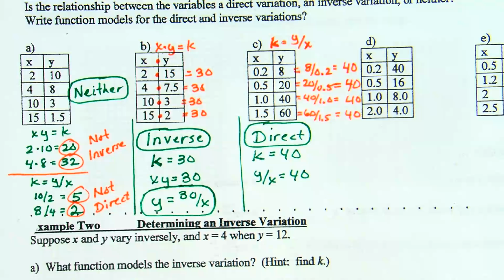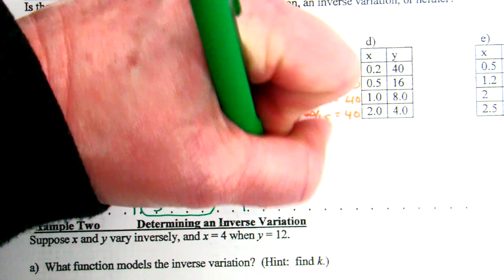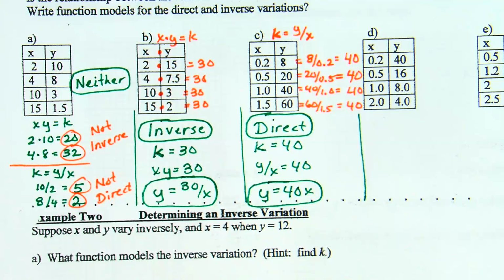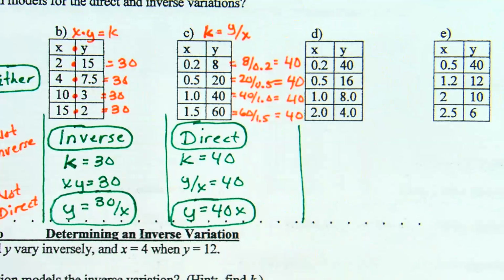Every time I did y divided by x, I got 40. So that's one equation. What is the y equals version of this equation? Y equals 40x. You can go back up top and look, and it says y equals kx, so y equals 40x. Or if this is y divided by x, well, can't you just multiply it over? Are we getting the idea? You've kind of seen an example of each here.